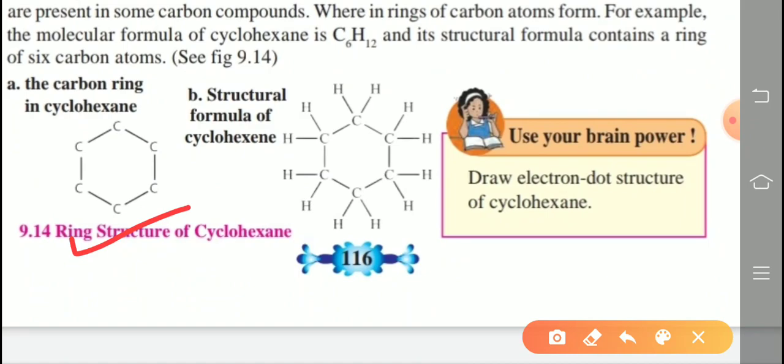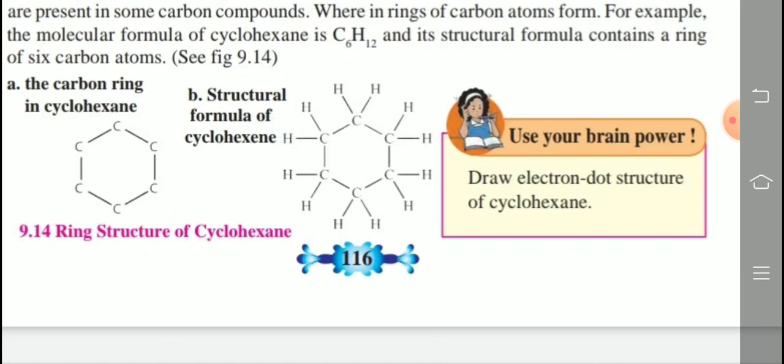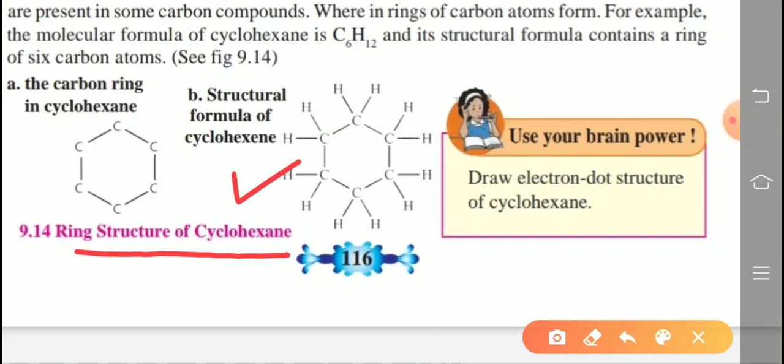So 6 carbons are present, so each carbon satisfies its 4 valency with the help of 2 hydrogen atoms. Clear? 1, 2, 3 and 4 like this. So this is the structural formula of what? Cyclohexane. The ring structure of cyclohexane is called the structural formula.